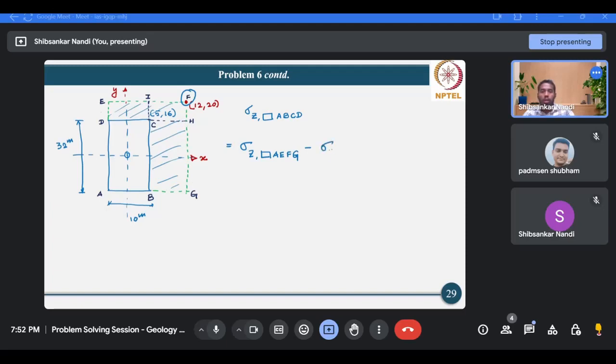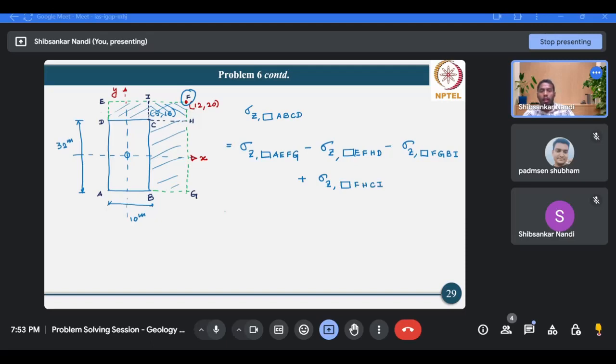So sigma z due to rectangle EFHD minus sigma z due to rectangle FGBI. Again, if you see very carefully, to do that we have subtracted this rectangle twice, so we have to add this one, rectangle FH.